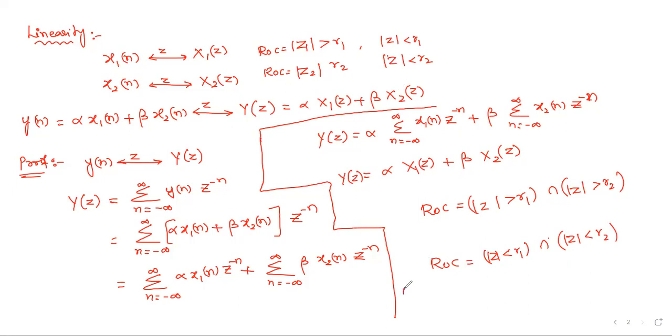Note the resultant ROC will be the intersection of the individual ROCs. Now, one numerical we already discussed in the previous class, that is a power modulus of n.